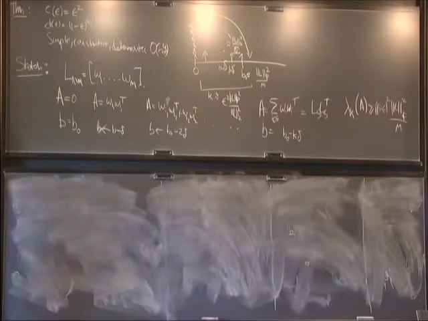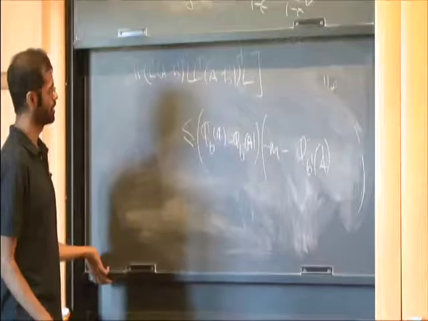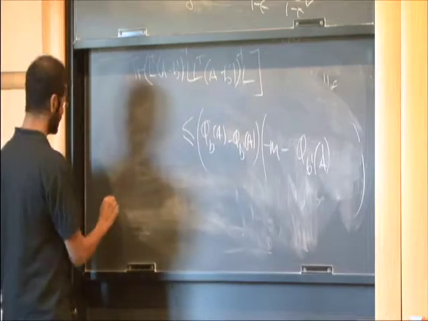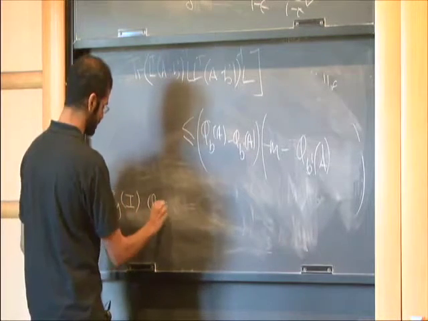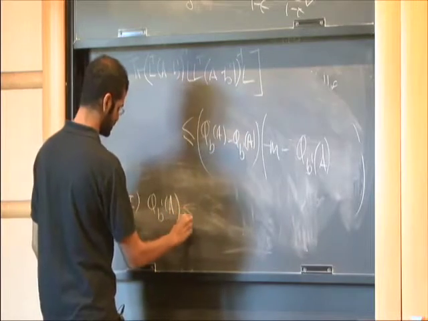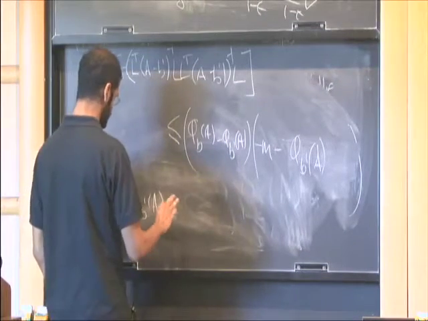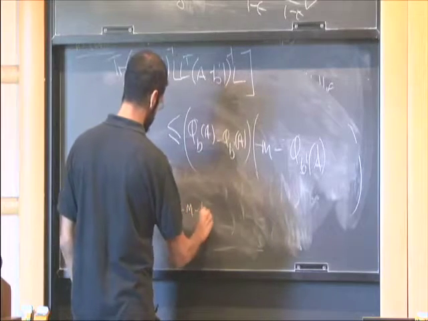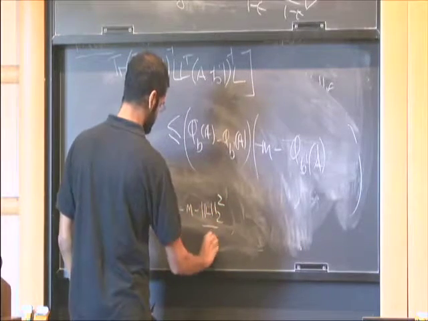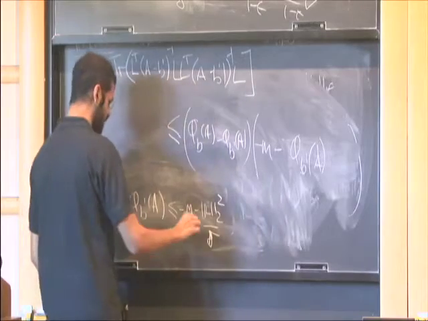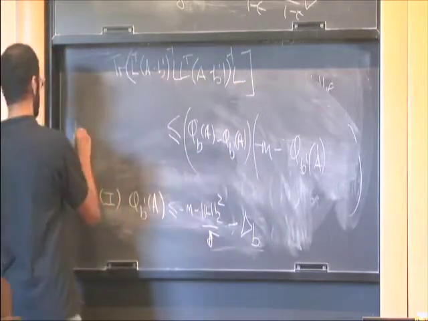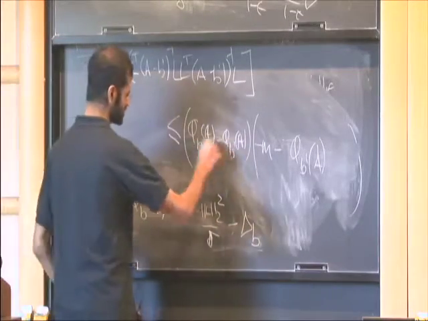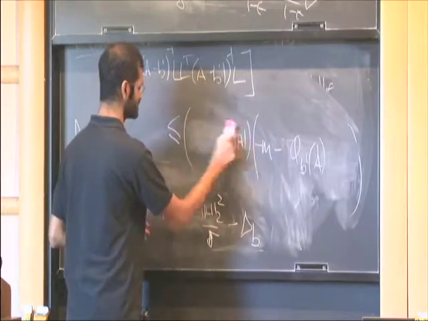Okay, so this is what we want. Now a couple of things. By the first assumption, we have that phi b prime of A is at most, so we know that phi b of A is at most minus m minus this thing, but phi b prime is at most this thing minus, I'm going to call this quantity delta b.